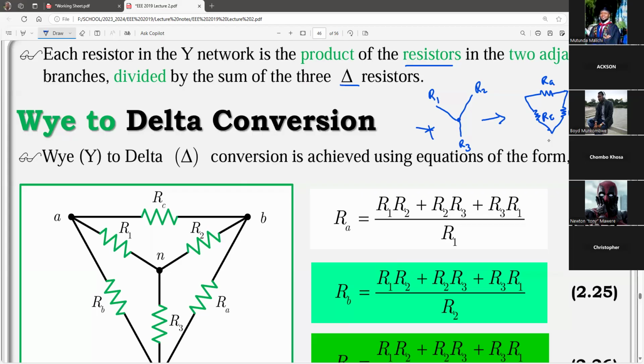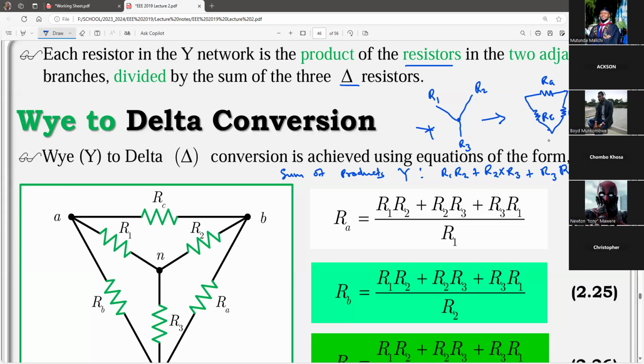The numerator is the same. So the numerator is obtained as the sum of the what? The product of the resistors in what? In the Y. How is that? We are saying get the sum of R1 multiplied by R2 plus R2 multiplied by R3 plus R3 multiplied by R1.